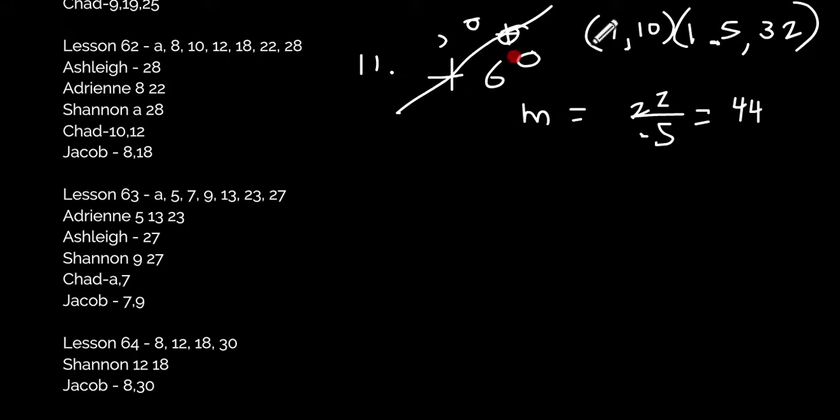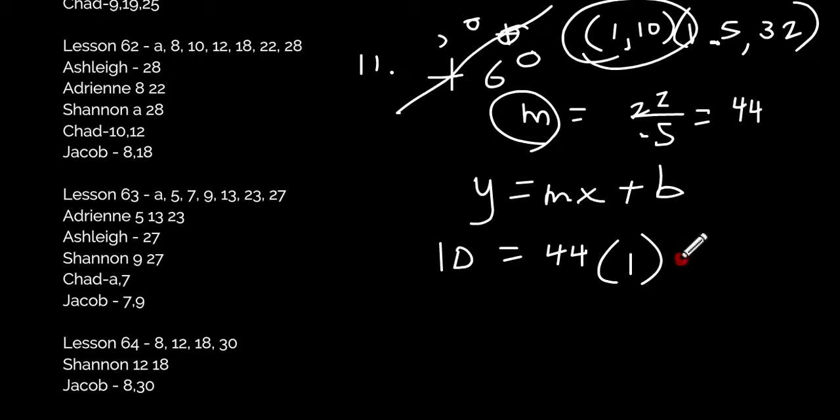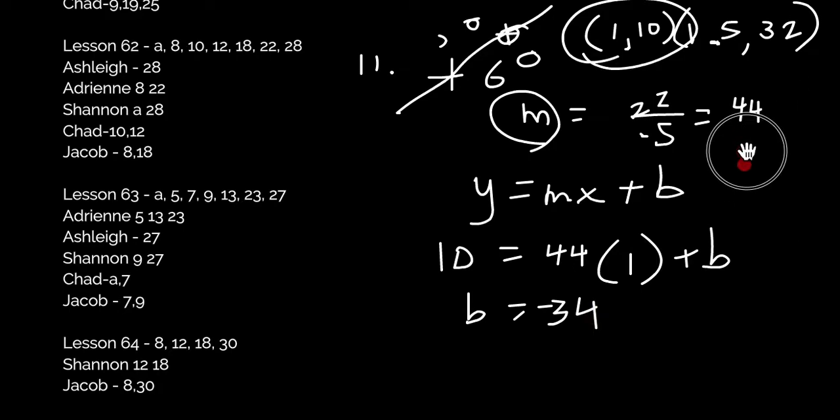Okay, now we're going to take a point. I'm going to use this one. We're going to take y equals mx plus b. I'm going to put the 10 in for the y, the 44 in for the slope that I just found here. We're going to use this x, which is 1, plus b, and we get b is negative 34. I do believe they have 32 in the back of the book.